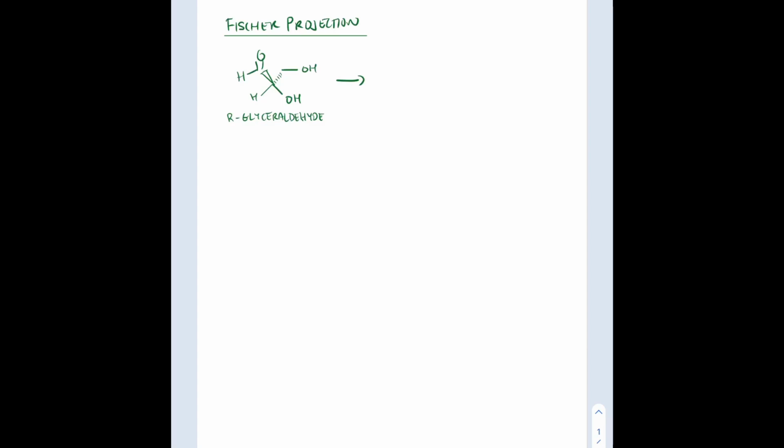So let's go over a couple different ways of converting structures to Fischer projections. The first way is the way your book explains it, and the second way is the way that I better understand it. And so at least I'm providing two different options for you. So we see the structure on the left, right?